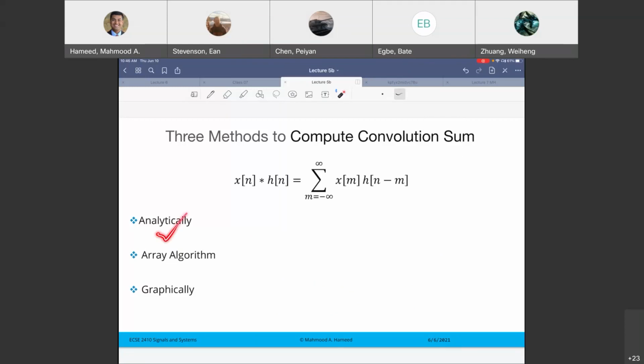All right, three methods. One, analytical, which essentially means let us compute this summation by evaluating the summation itself. And that will work really well for signals expressed in terms of step sequences.